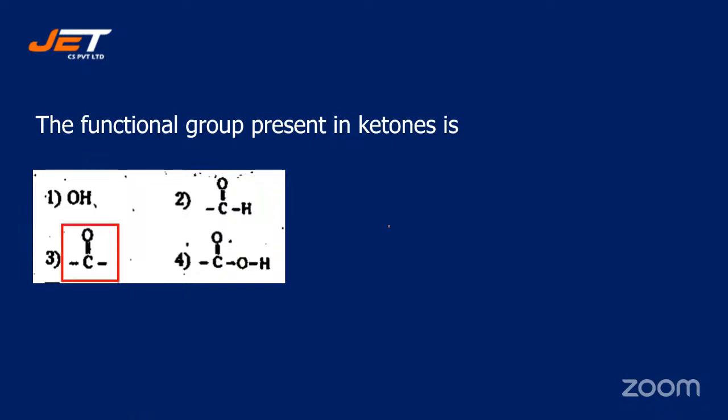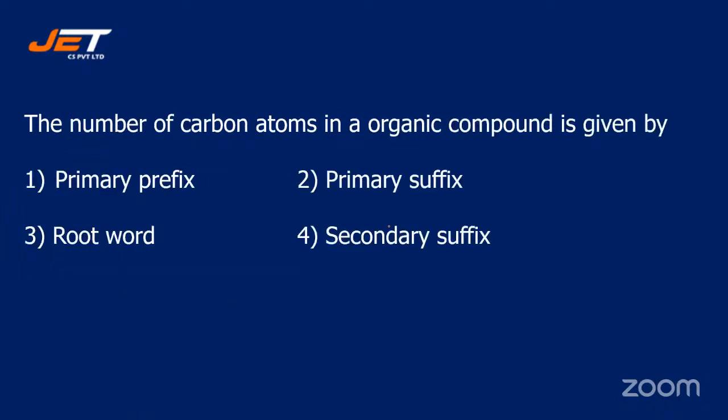Students, the correct answer is option number 3. Those who have selected option number 3, you all are correct. Next question. The number of carbon atoms in an organic compound is given by, and your options are number 1, primary prefix, option number 2, primary suffix, option number 3, root word, or option number 4, secondary suffix?